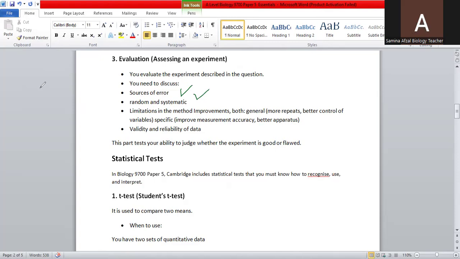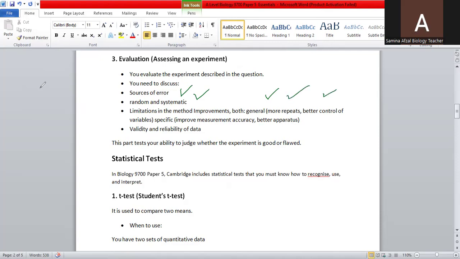Then the limitations in the method and improvements. They can ask you how to improve the method which has been given in the paper. Possible answers: more repeats, better control of variables.